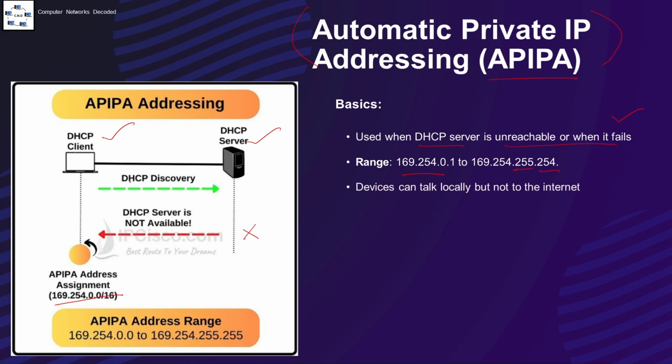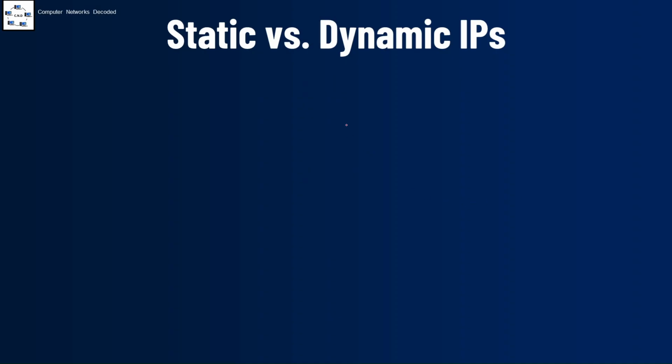So if there are multiple clients and all these clients cannot get an IP address, they are all assigned IP addresses from this range, and then they can talk locally through these IP addresses, but cannot access the internet or talk to internet services.